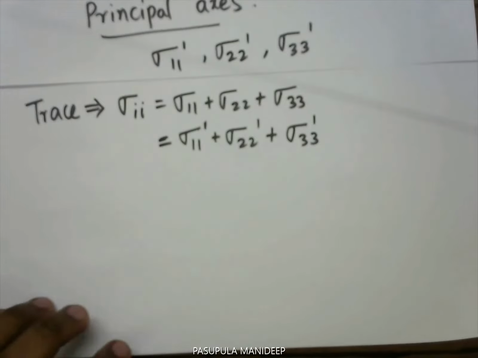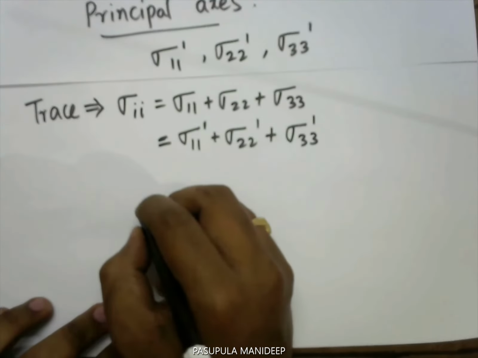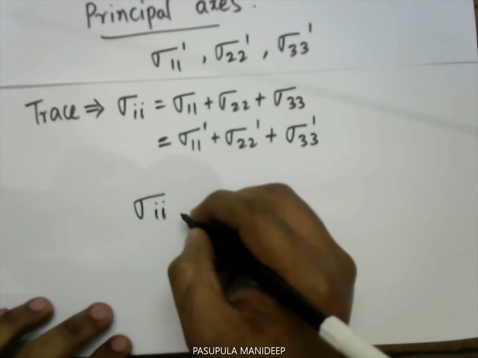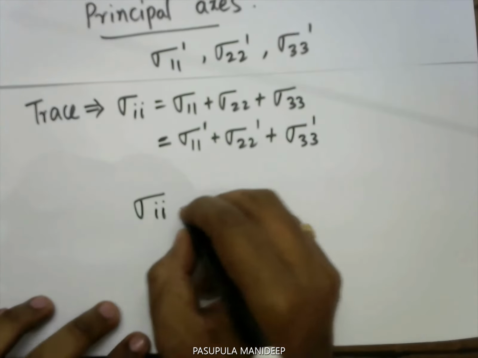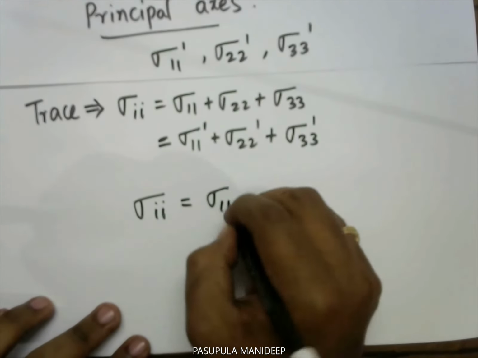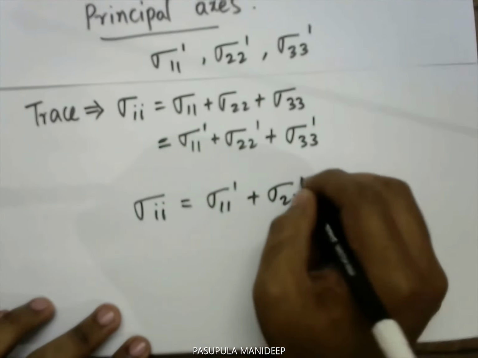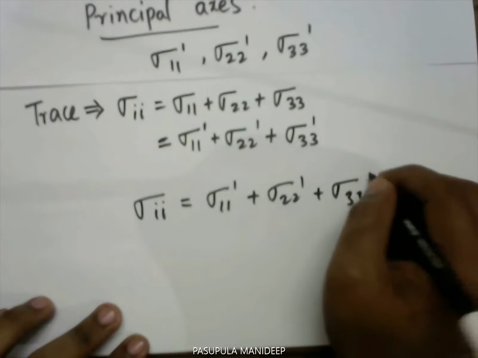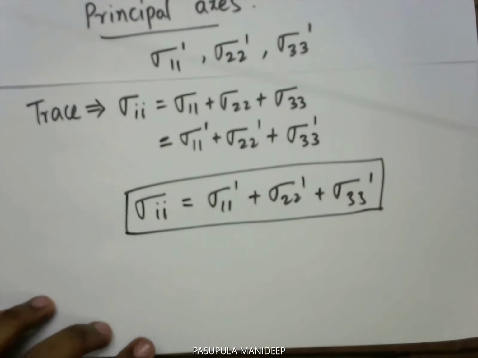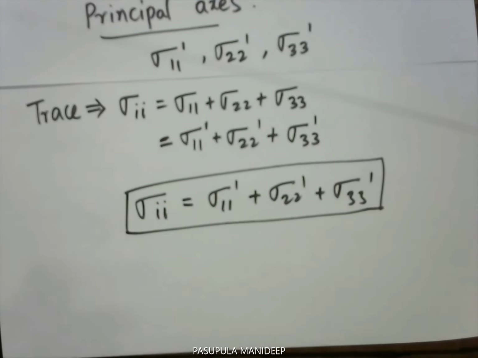So we can say that at any given point, the trace of the stress tensor is always equal to the sum of the principal stresses.